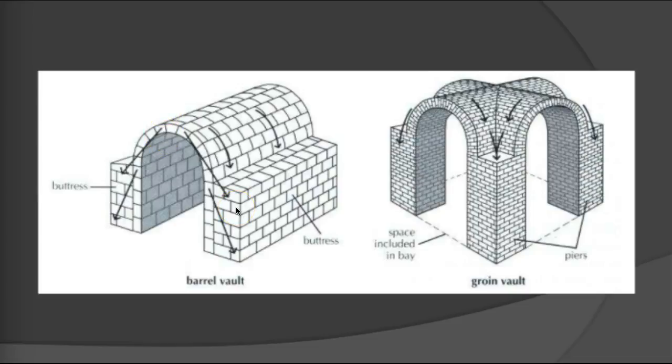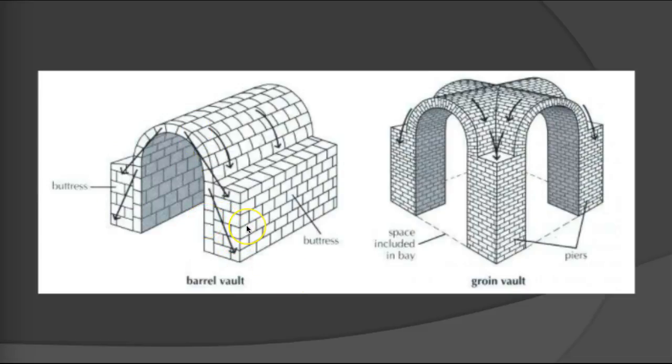So this is arcuated construction. We have an arch, which turns into a larger vault here, a tunnel essentially. Because of stresses, that tunnel needs to be reinforced with what we call a buttress. So this is a thickened wall that can take the strain of the force of the arch pushing down into the walls.